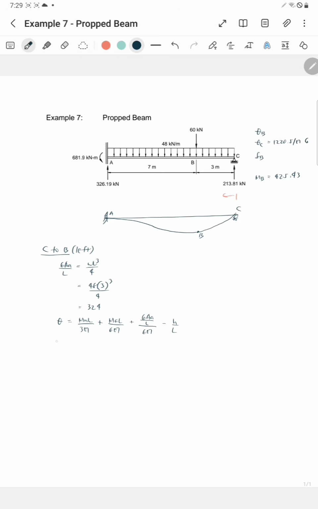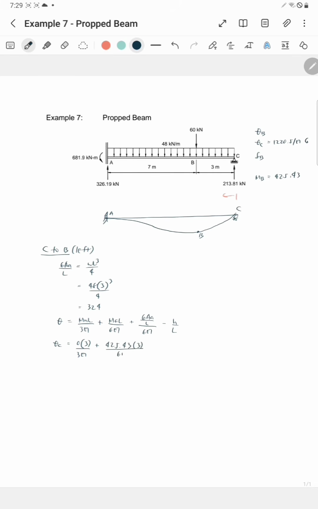And theta at C equals the moment near is the moment at C, 0. The length is the distance from C to B, 3, over 3EI, plus moment far is the moment at B, 425.43.